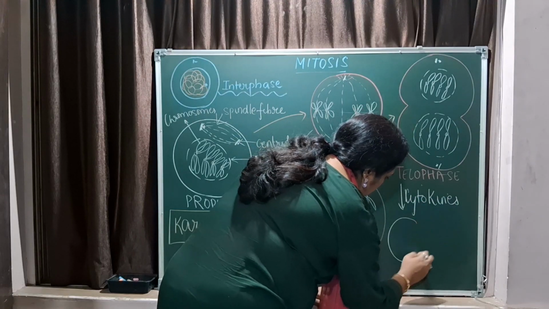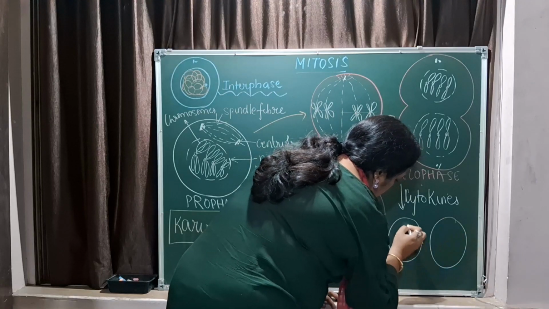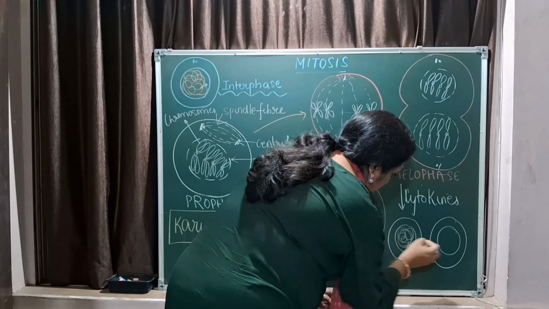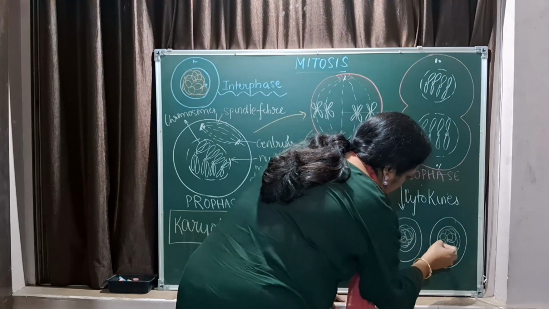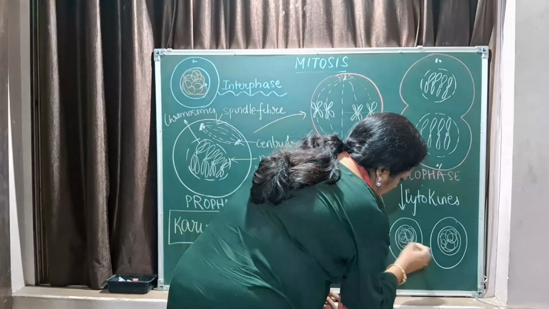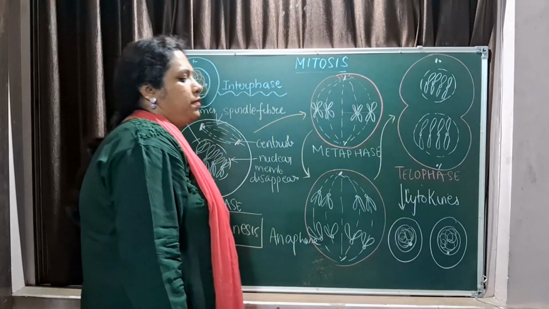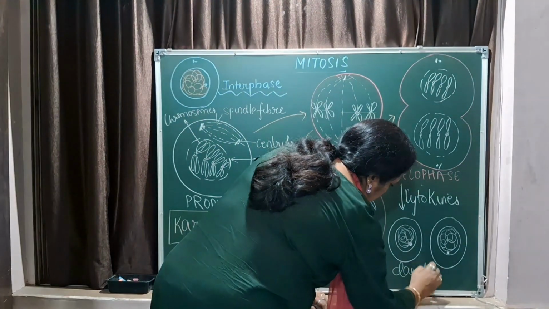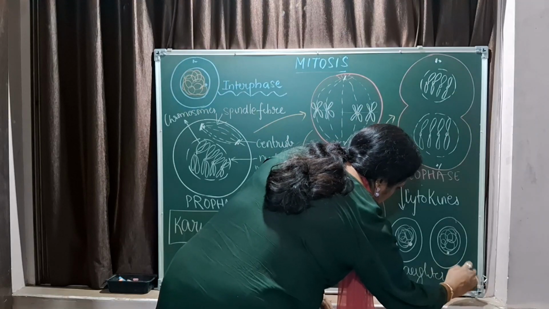You have two daughter cells formed, right? Two daughter cells with 4 chromosomes, and again they will go back into the chromatin fiber state. The nucleolus will reappear. So, you have 2 daughter cells.